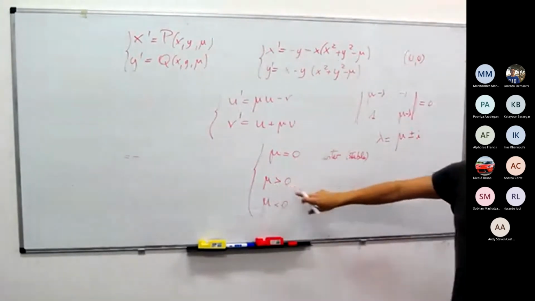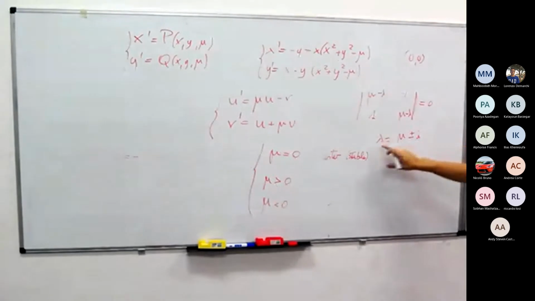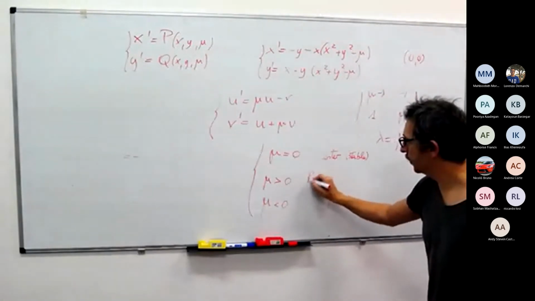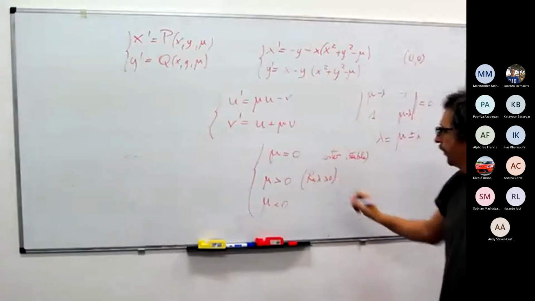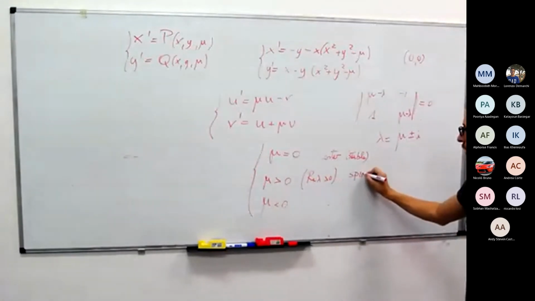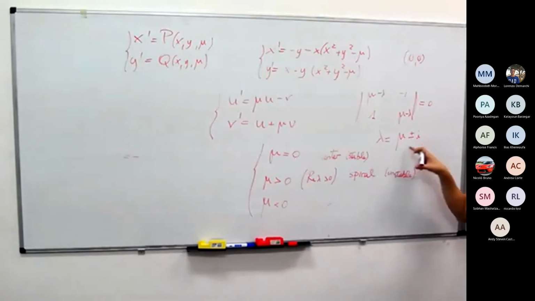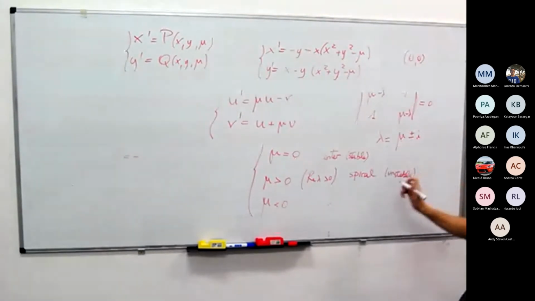If mu is larger than 0, then the two eigenvalues are complex numbers with the real part larger than 0, which basically means that here we have an unstable spiral. The last case is mu less than 0, which corresponds to two eigenvalues with the real part less than 0.